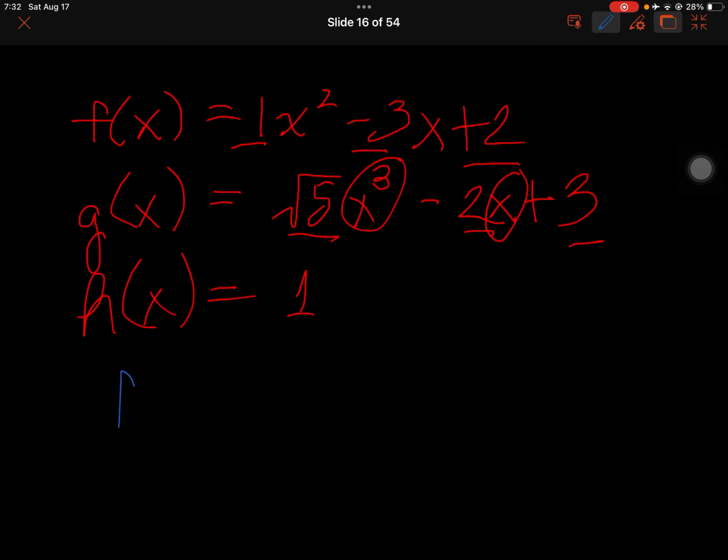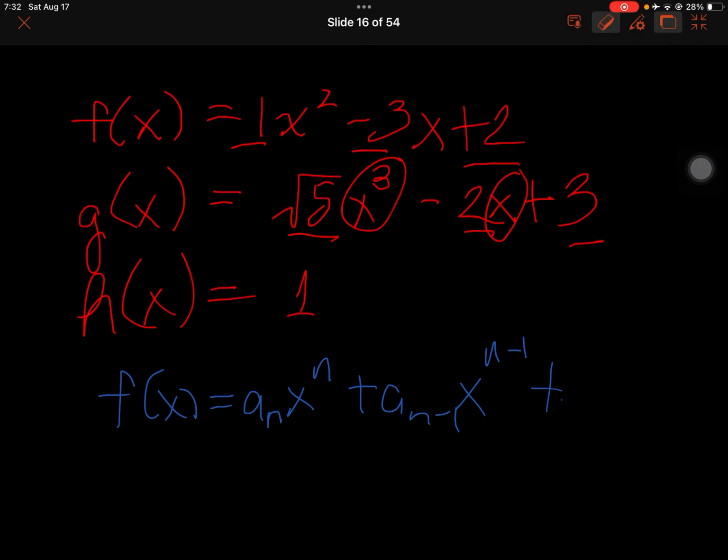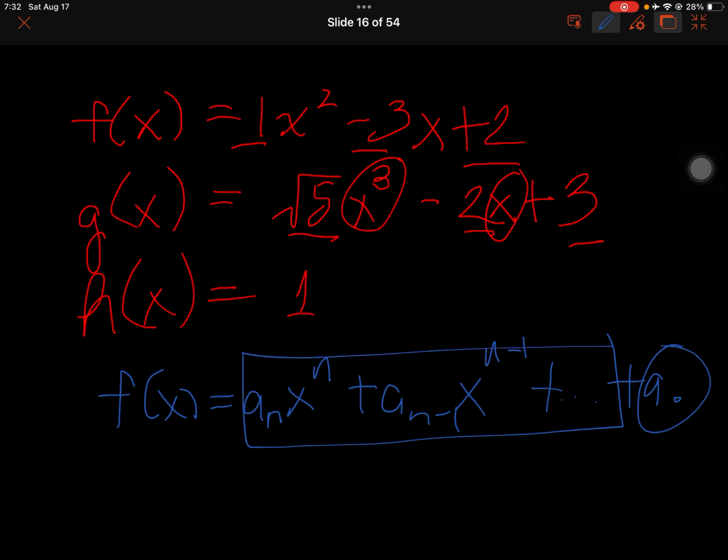So recall that f of x is equal to a sub n, x raised to n, plus a sub n minus 1, x raised to n minus 1, until a sub 0. And a sub 0 here is a constant. Okay? And we can regard the other terms as 0. Clear?